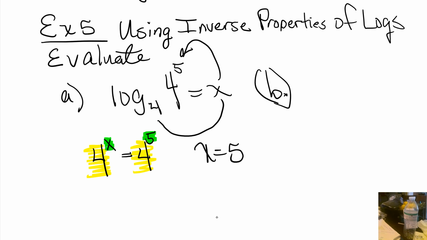I have 6 raised to the log base 6 of the number 9. Okay, and I want you to understand these two numbers right here, this log and this 6, kind of zap each other out, and your answer is simply 9. So whatever is sitting here is your answer for this property.